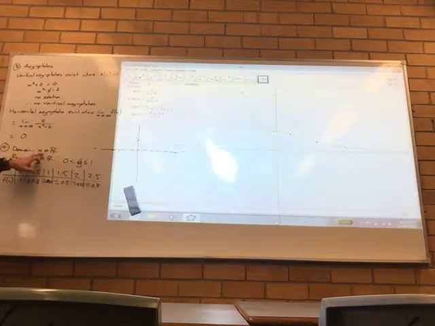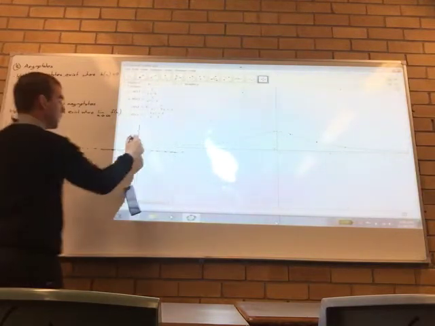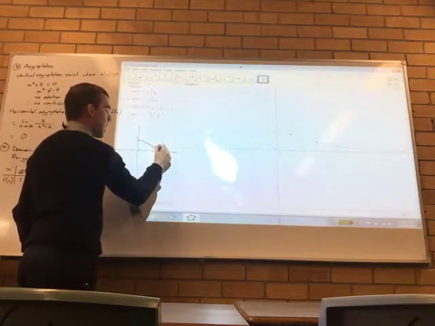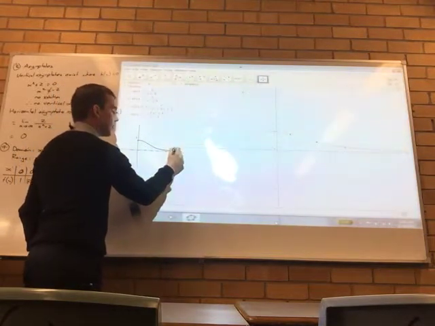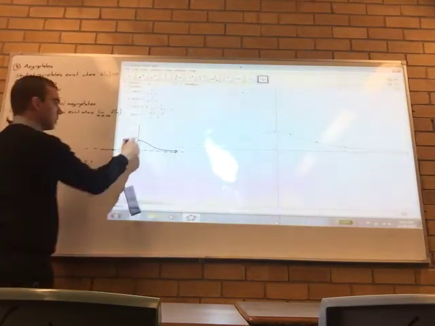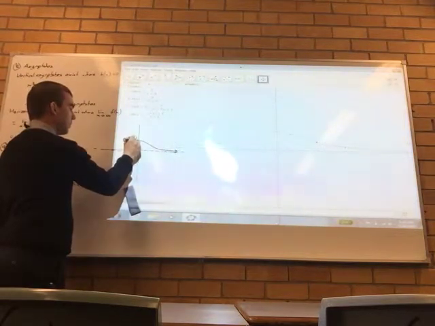I've worked out my domain for my table of values, so I can have any value for x. And as I get larger and larger, looking at the function itself, the value for y is going to get smaller and smaller. So go down and then start leveling out, like that. And because I have symmetry, all I have to do is reverse it on the other side.